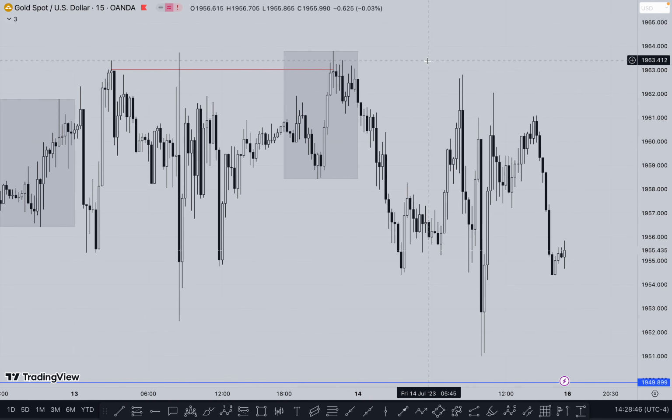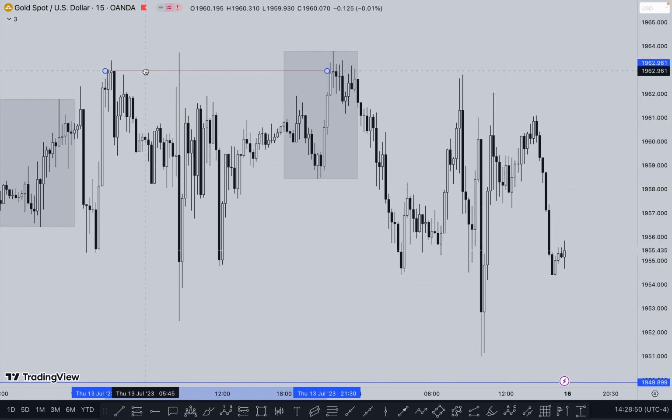Can you see? Did the market manipulate all this area? That is what I'm going to do. I'm going to look if the market manipulates this area. Then I'm going to say to myself, okay, this one I consider as a manipulation because of this wick. Check where the body closed. So I consider it as a manipulation. So for me, this area was being manipulated already.